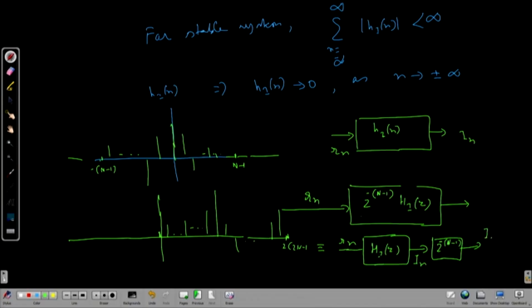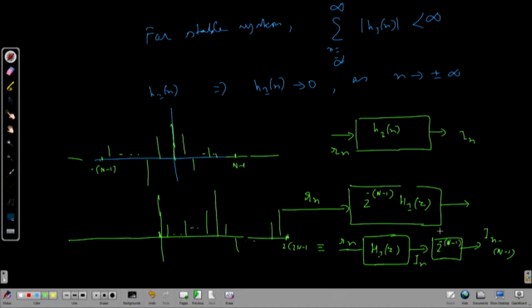So this filter will give me an output which is the transmitted sequence, but a delayed version. If I know this capital N minus 1, I know the amount of delay, so from the waveform at the output I can make the correct decision and get back my I[n].